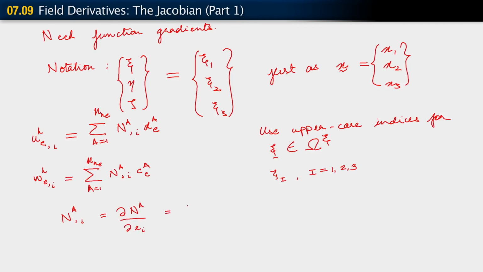We are going to write this as the partial of N_A with respect to xi I, and using the chain rule we have this.